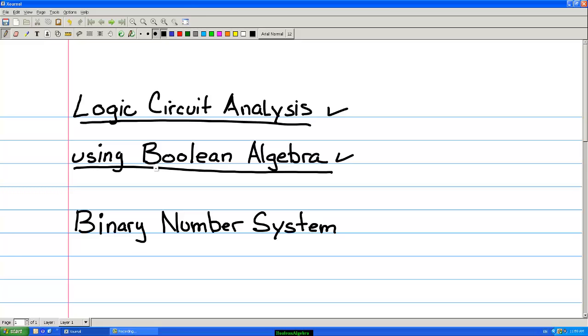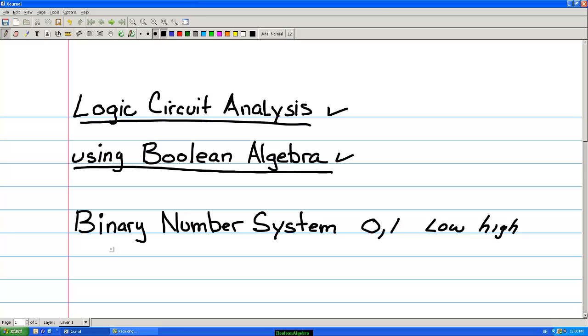All the circuit variables are either going to be a 0 or a 1, and they can also be referred to as a low and a high. And it's this characteristic that makes it possible to use Boolean algebra as a mathematical tool for the analysis and design of digital circuits and systems.